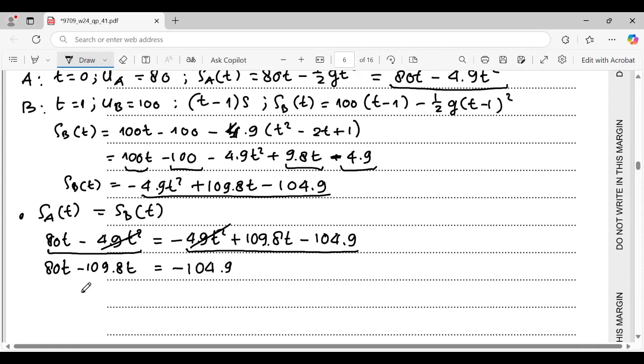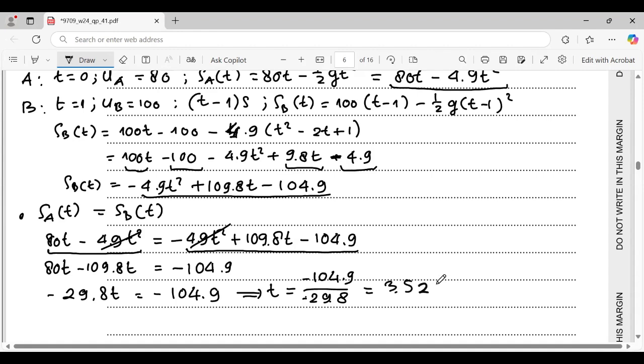It's going to be minus 29.8t equals minus 104.9. So we can determine t. T equals minus 104.9 over minus 29.8, the result is 3.5201, or 3.5. So this is the time.